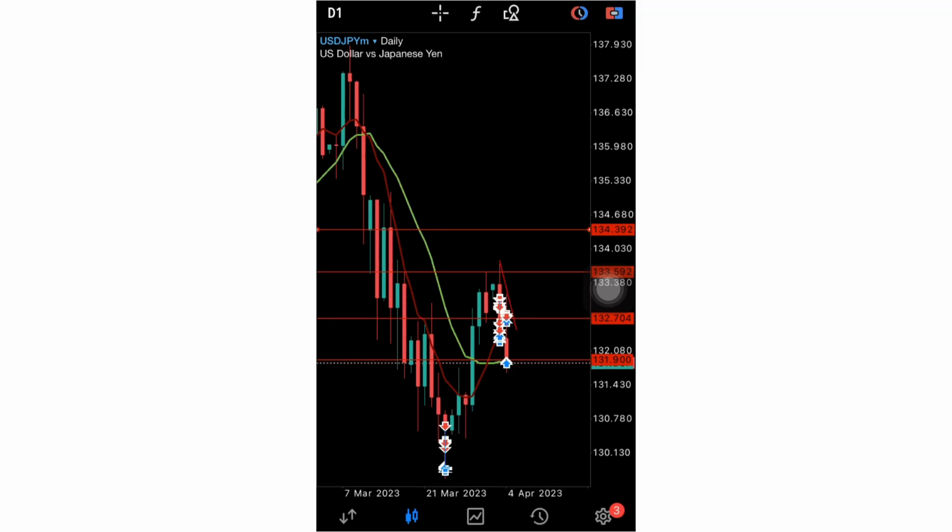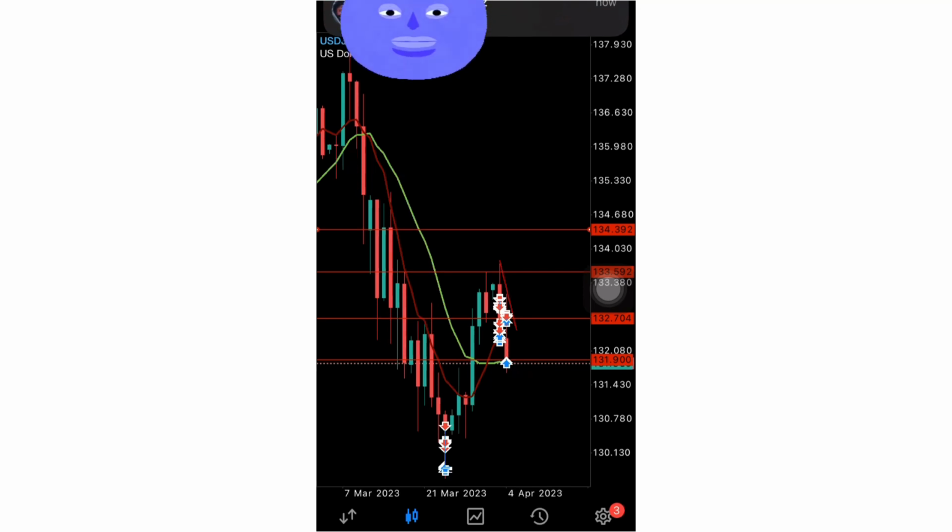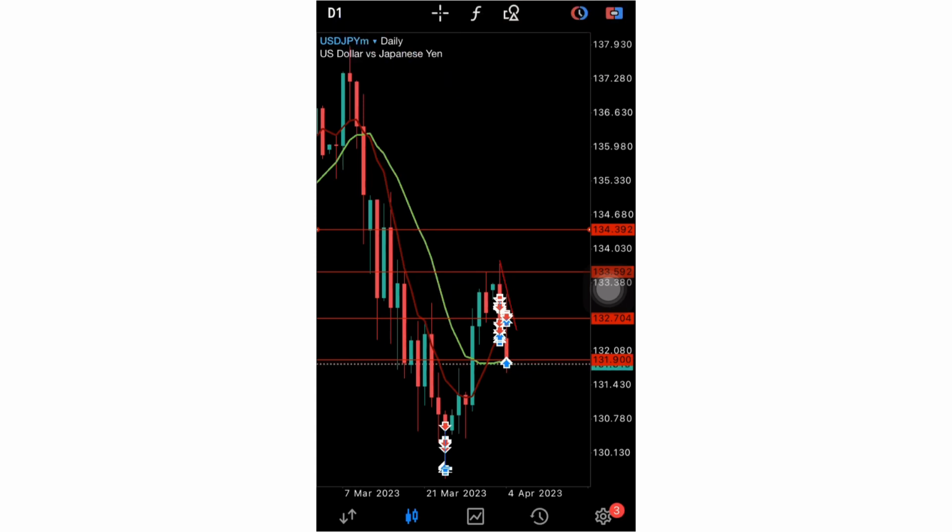Can you see how risk management works? I don't say I want to risk 2% of 100,000. I take a portion of the money and risk some percentage of that.